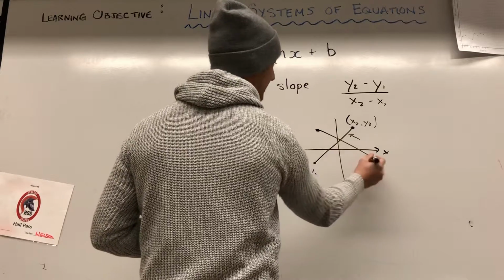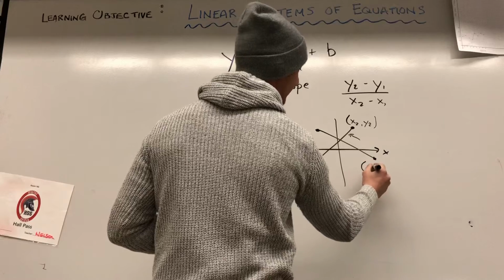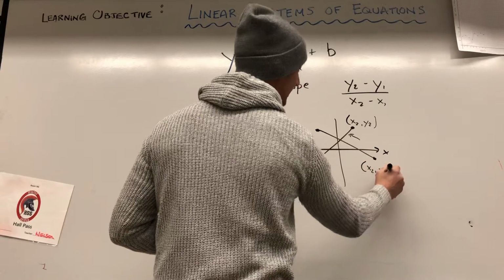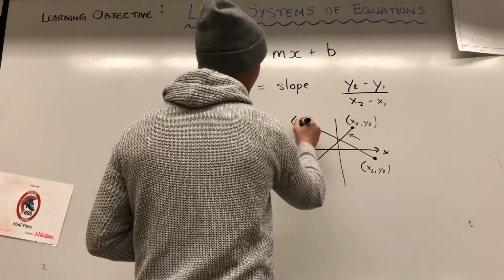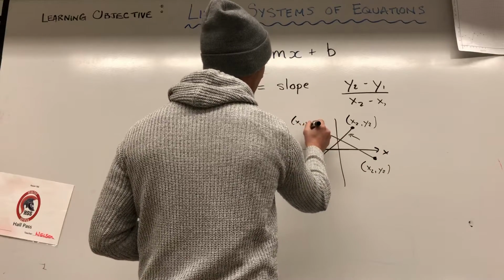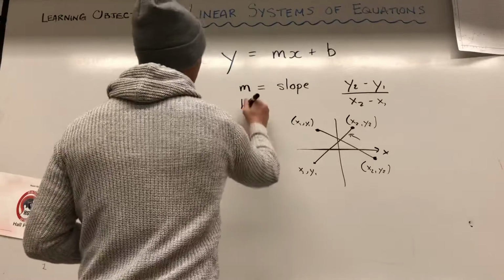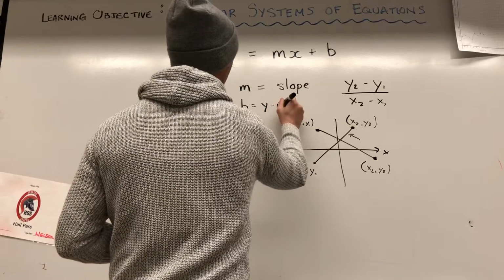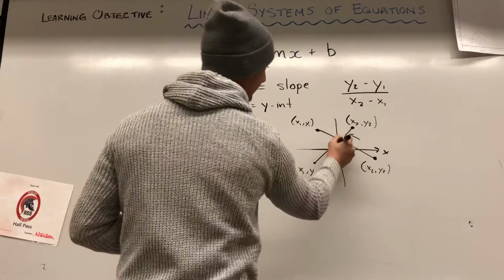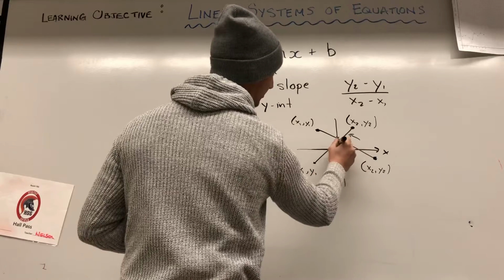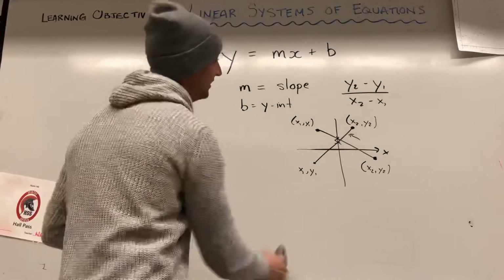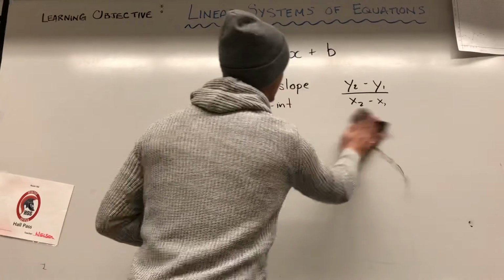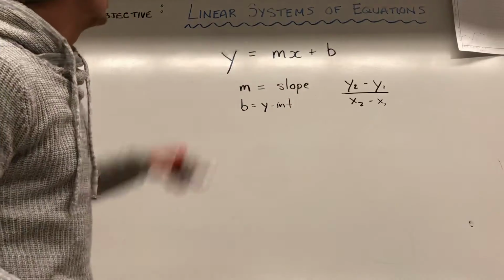Or if I was using this line here, again, I would use this as (x2, y2) because it is further to the right, and then this would be (x1, y1). And then b is our y-intercept, this would be my b here, this would be my b here. Okay? We're not going to talk too much more about this. I just wanted a brief reminder because these are linear equations.